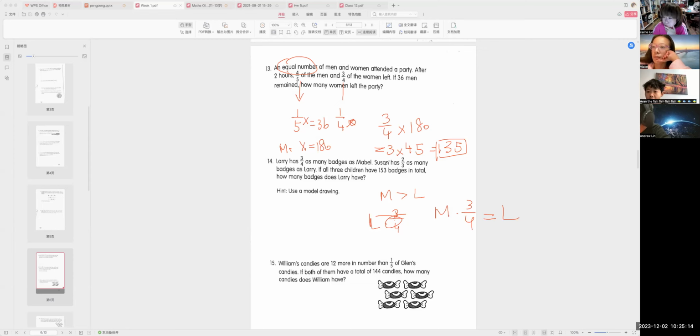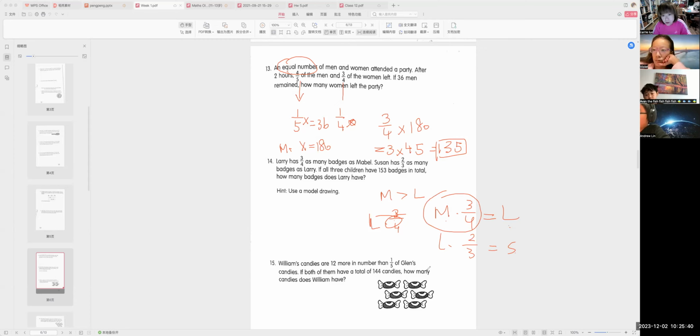Understand? Okay, Susan has 2/3 as many badges as Larry. So who has more, Susan or Larry? Obviously Larry. So Larry times 2/3 equals Susan. When you have those questions, always ask yourself, who has more? Multiplying by 3/4 is definitely going to make it smaller, so Larry is definitely less than Mabel. Get it, Violet? This is very important, okay?